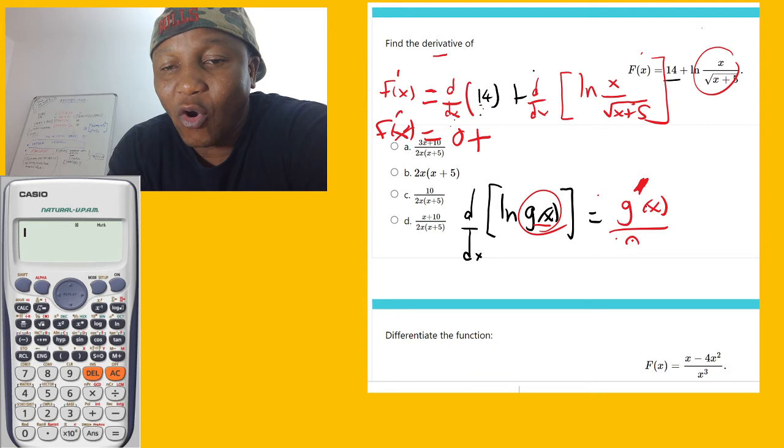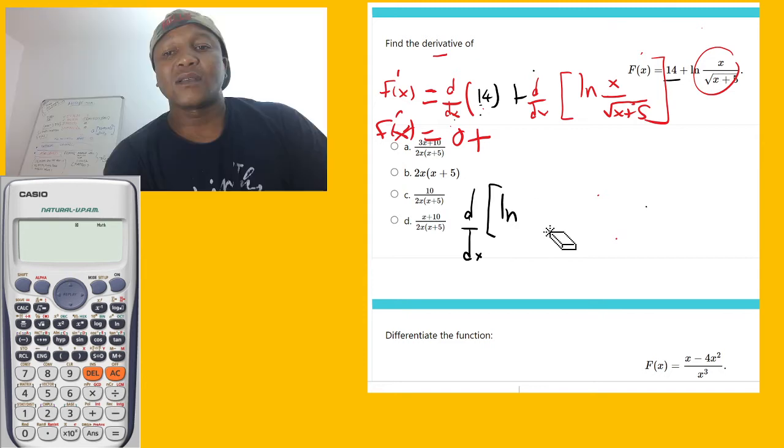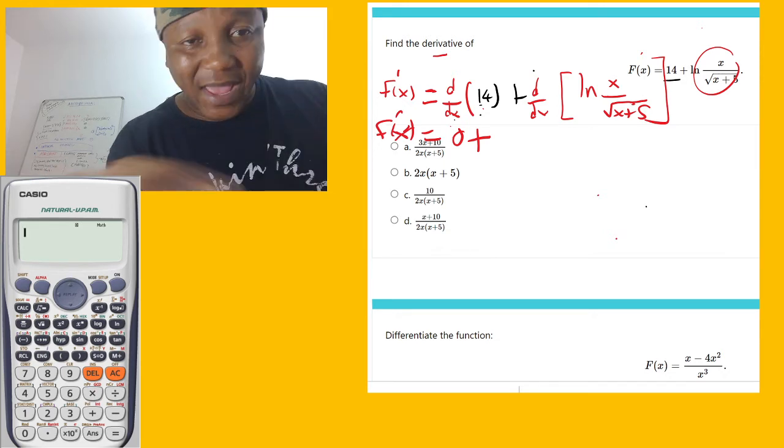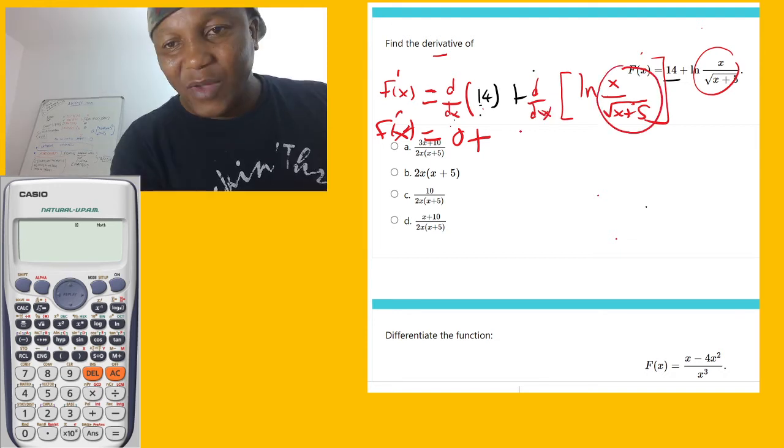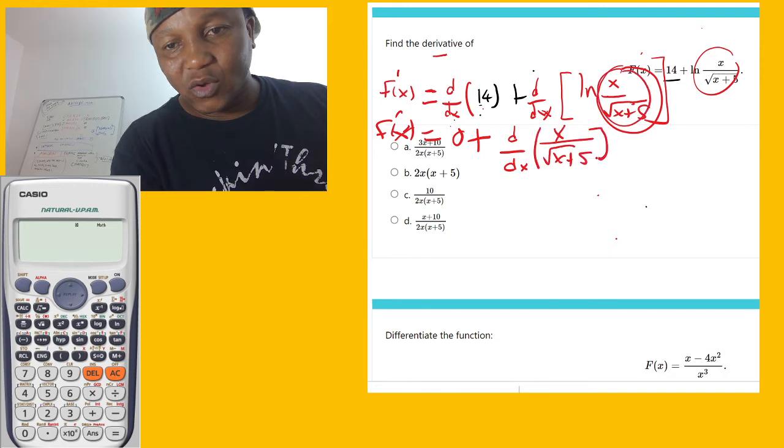So what does that mean? For example, let me derivate what we have here. Take everything in front of the ln, derivate it, which is x over the square root of x plus 5, and plus over exactly what you have here.